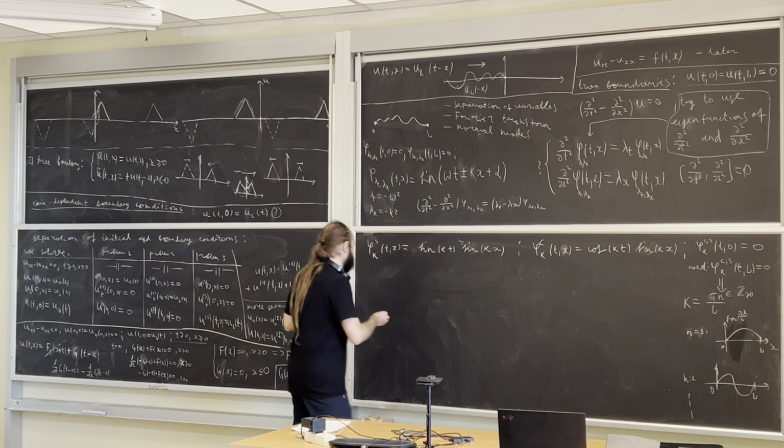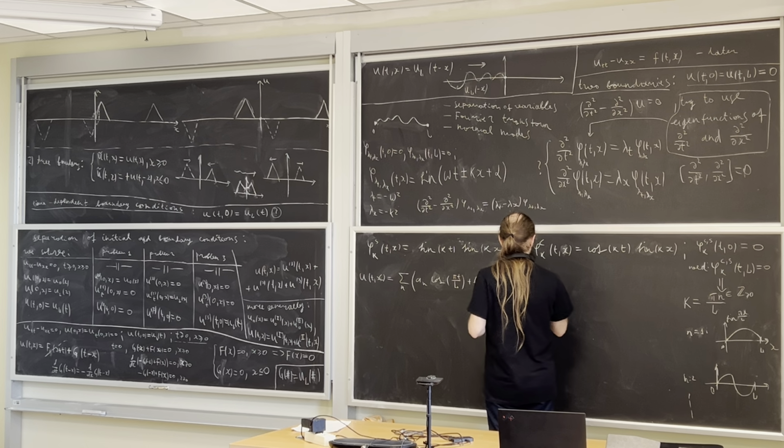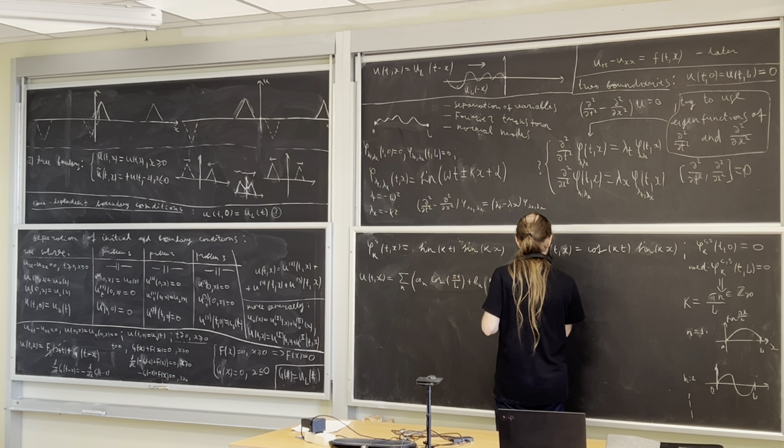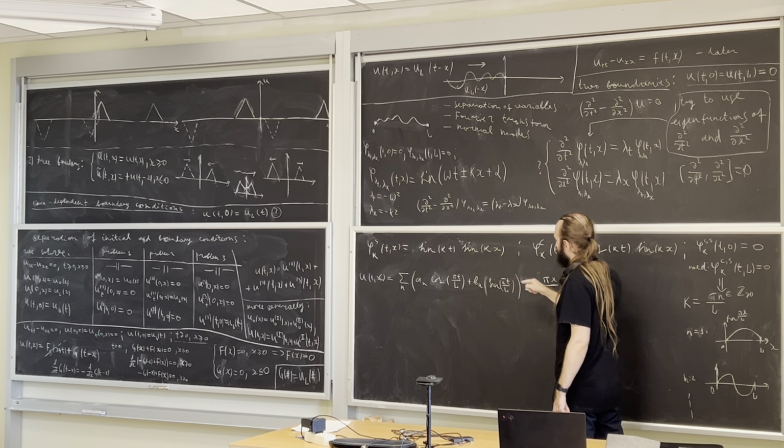So u of t and x will be the sum over n of a_n sine of pi n t over L plus b_n sine of pi n t over L, times sine of pi n x over L. So it is a solution for any a's and b's.